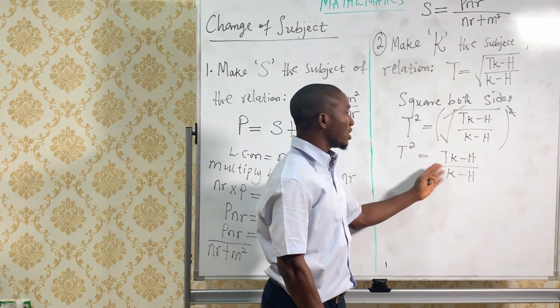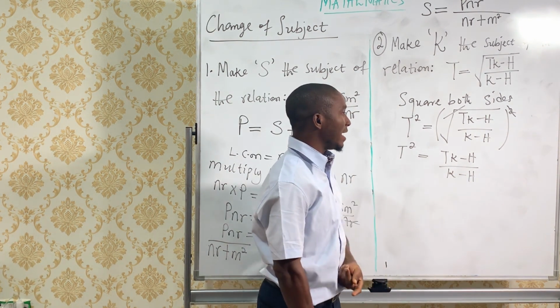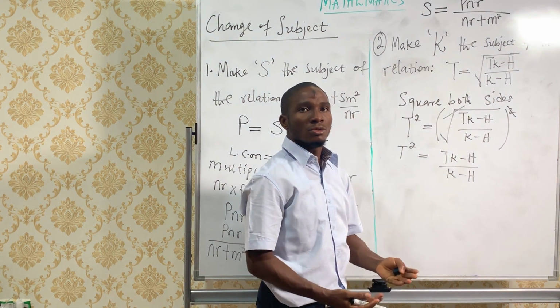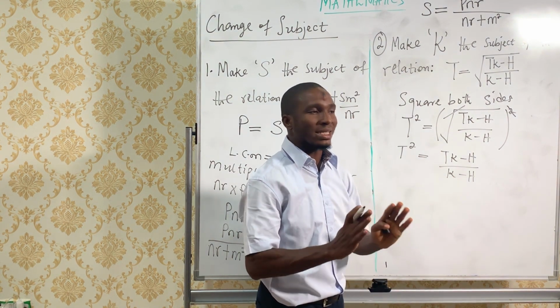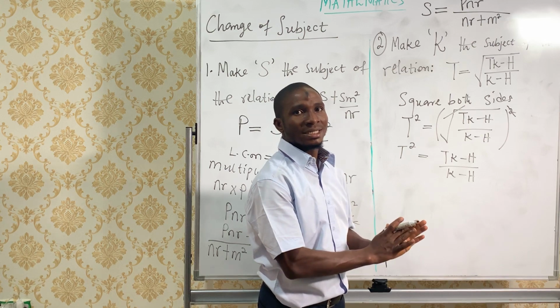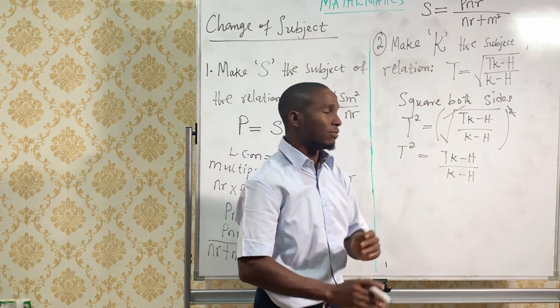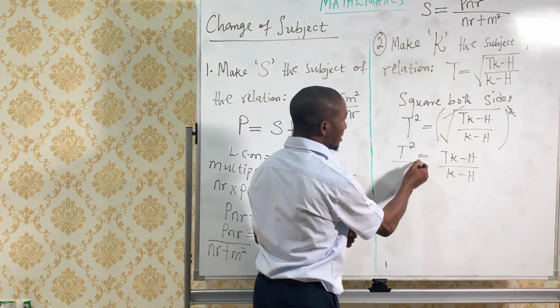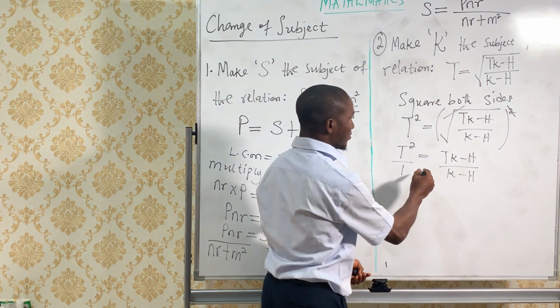The next thing to do is to cross multiply. Then we can collect like terms to make sure that K is on one side and the terms that do not have K are on the other side of the equation. This T squared is assumed to be over 1.